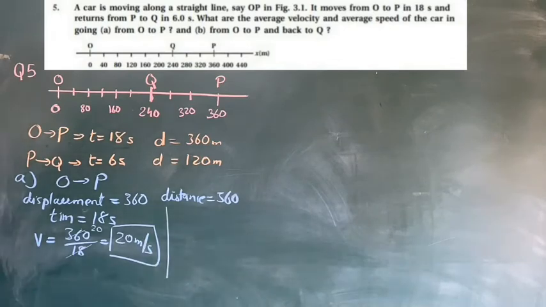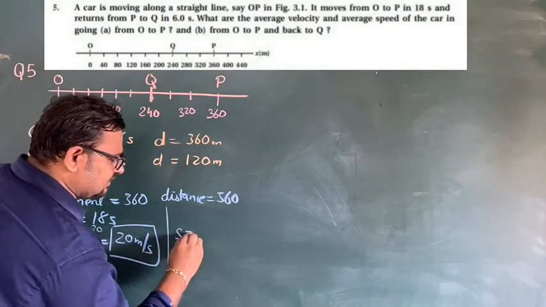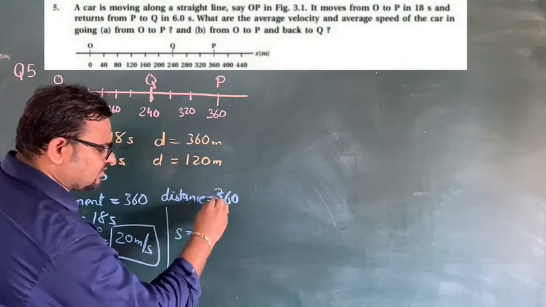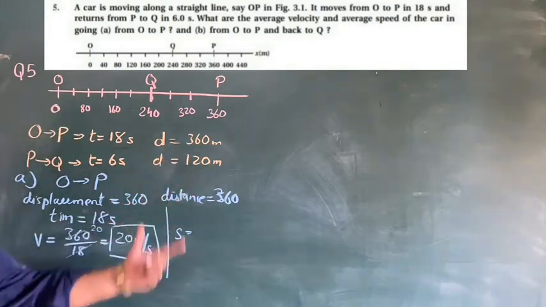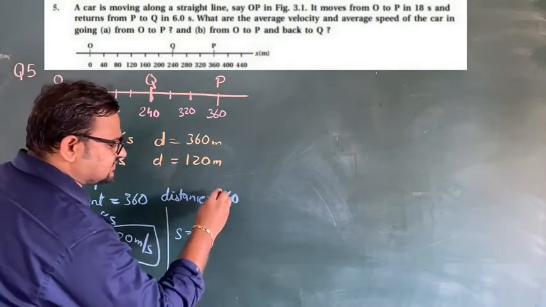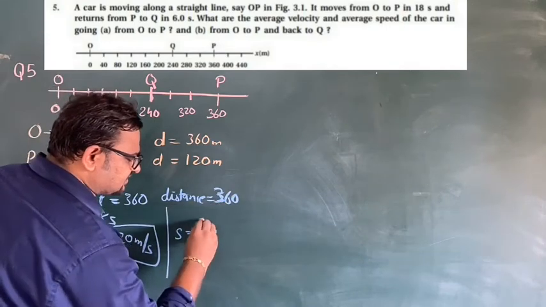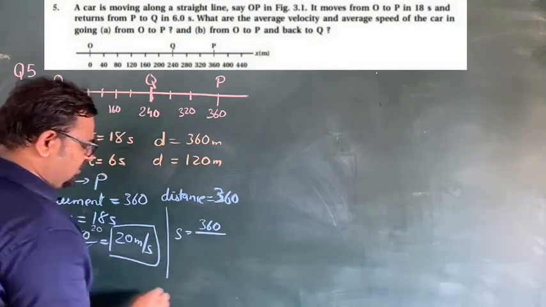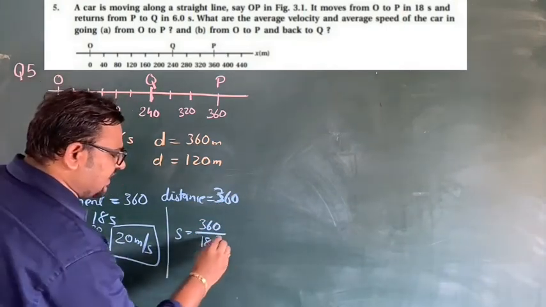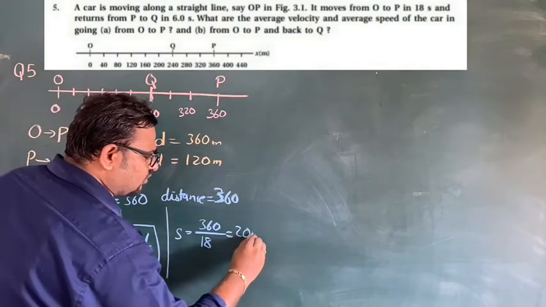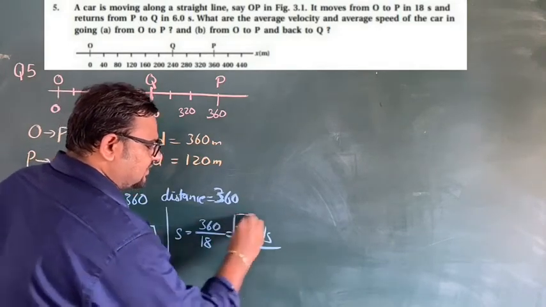And for the speed, speed is distance upon time. Again, what is the distance? 360 upon, what is the time? 18. So this is also equal to 20 meter per second.